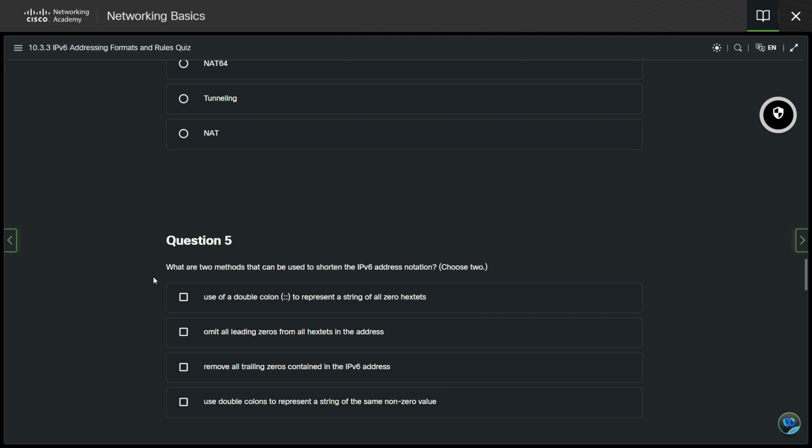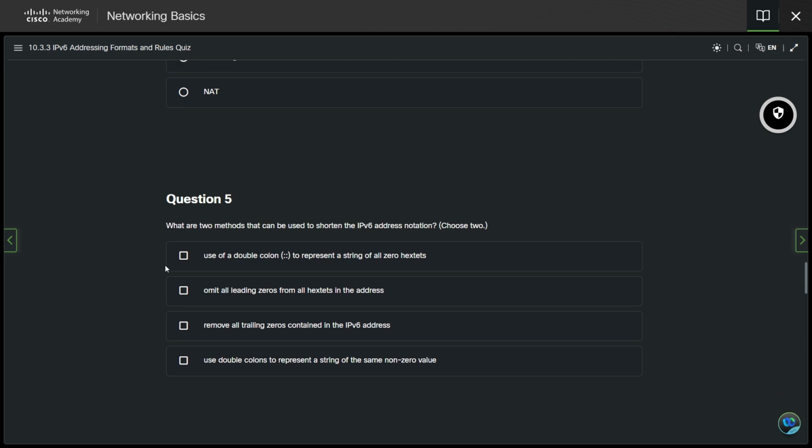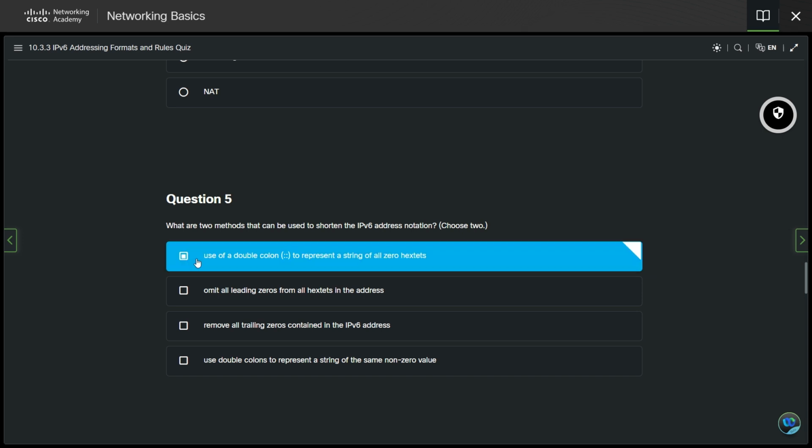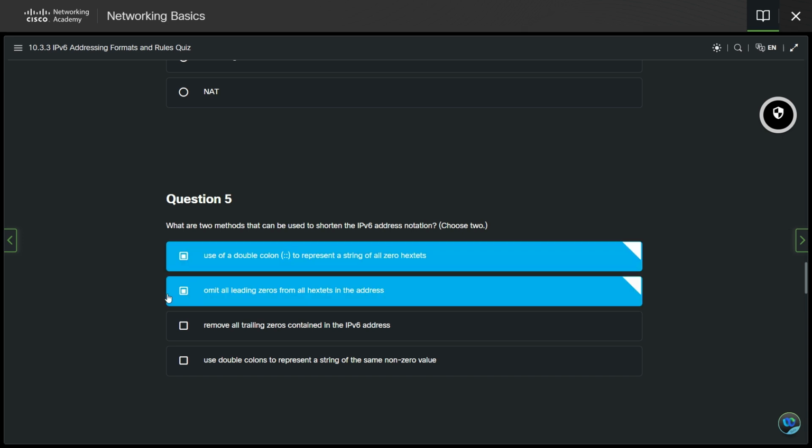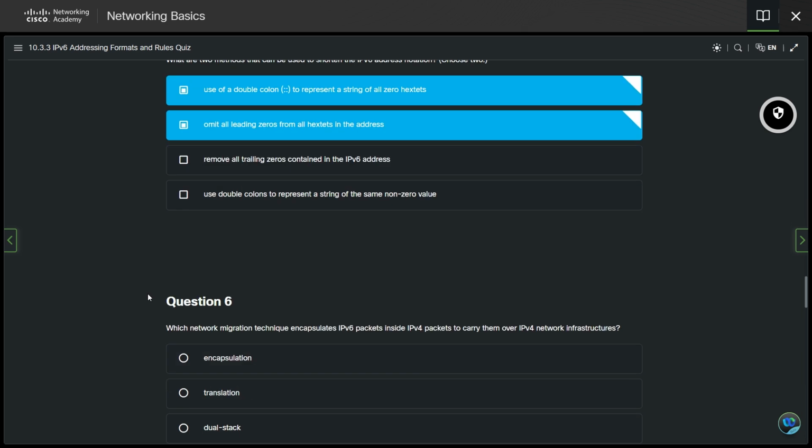Question 5. What are two methods that can be used to shorten the IPv6 address notation? Use the double colon to represent a string of all-zero hextets. Omit all leading zeros from all hextets in the address.